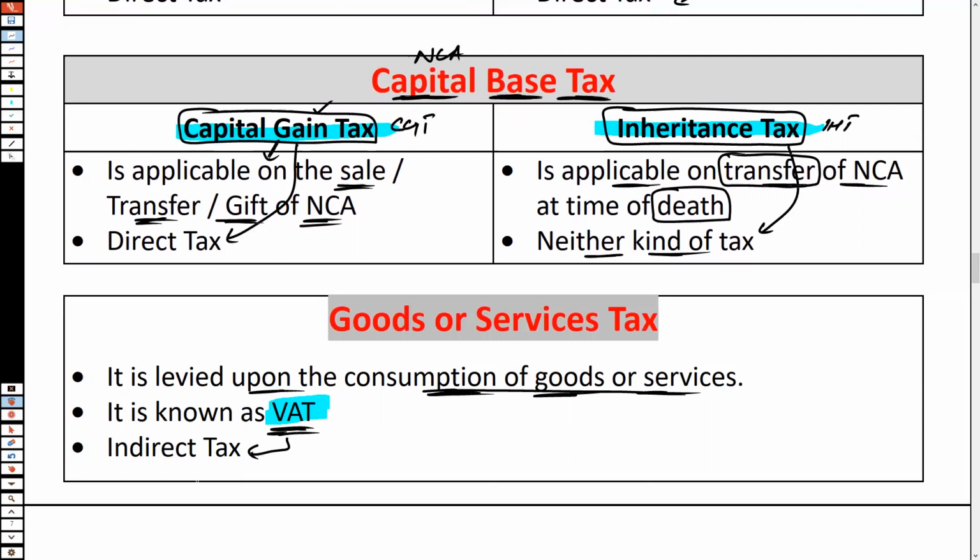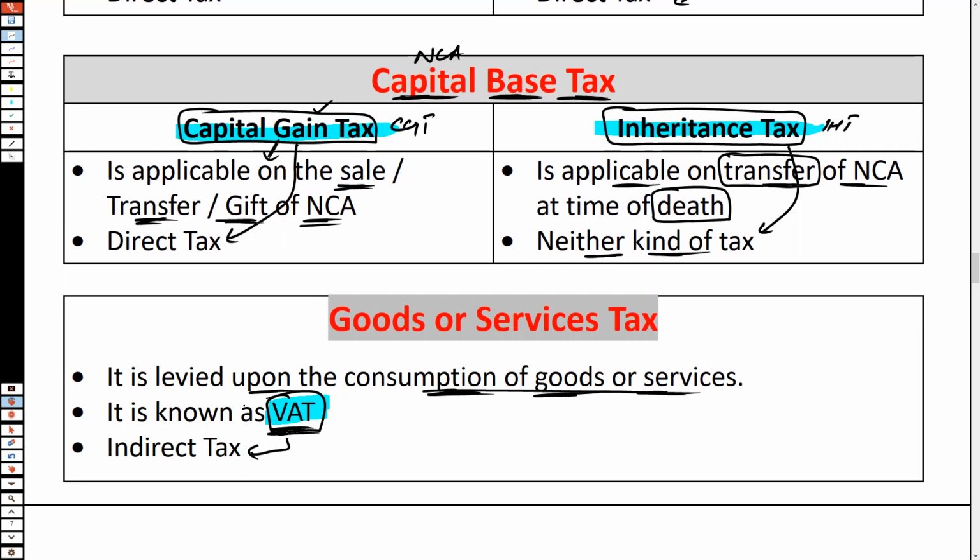Basically, it transfers from manufacturer to wholesaler, then from wholesaler to retailer, and then finally from retailers to end consumers. So basically, value added tax is mainly there for the end consumers. And if you want to avoid the value added tax, you need to stop consuming goods or services.